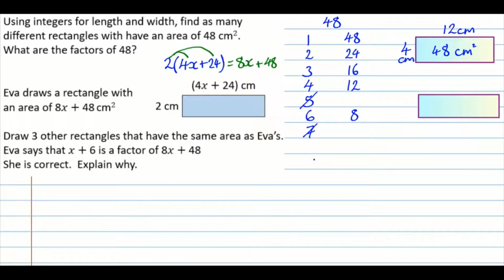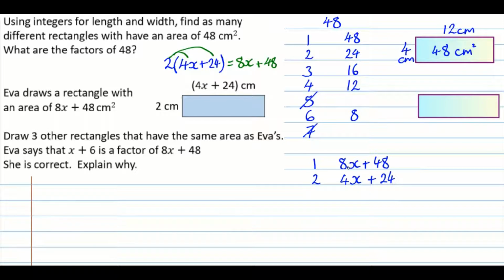So for example, we could have 1, and 1 times 8x plus 48 would make 8x plus 48. Now, does 2 go into those? Yes, it does. So we could have 2 multiplied by 4x plus 24. Then 2 times 4x plus 24 would make 8x plus 48.